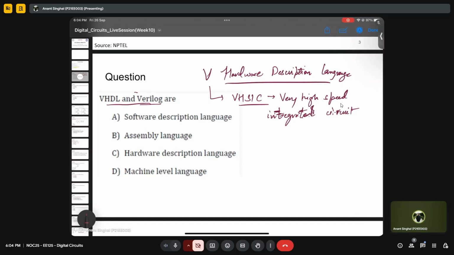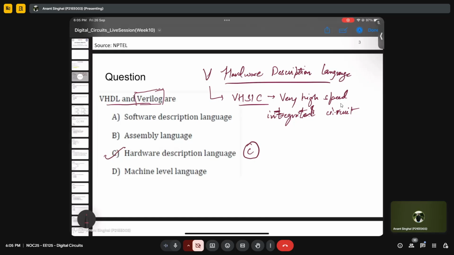So I'd recommend that if you are looking for job opportunities related to VLSI, you should also consider studying this Verilog language in detail, because this is the key language that we in general use for the device as well as the circuit description. So the correct answer for this problem will be option C.